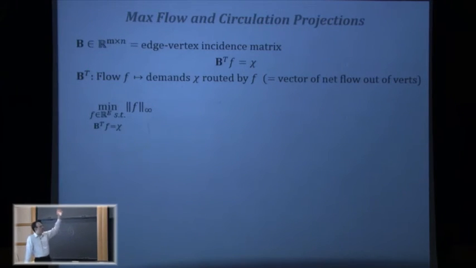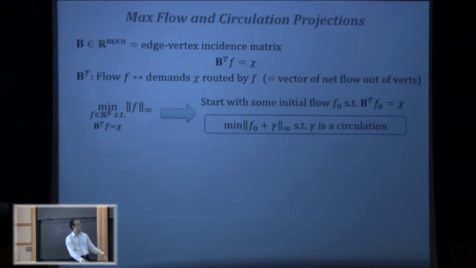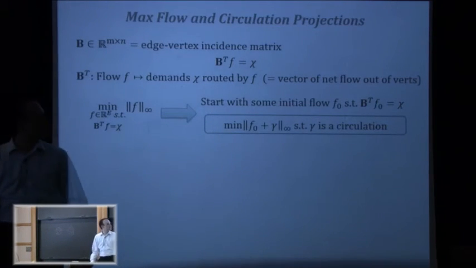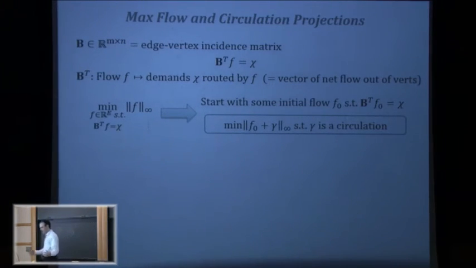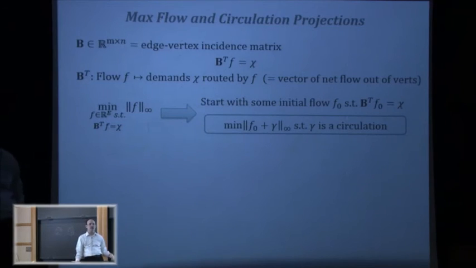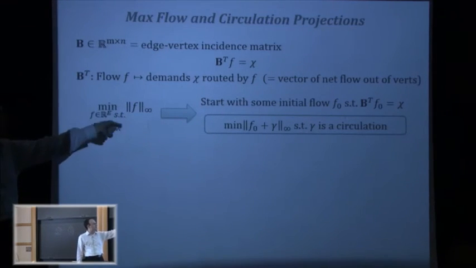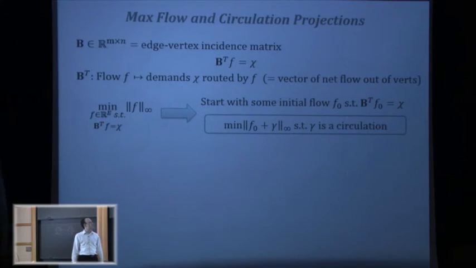So we can now write our problem as this: minimize over all flows that route the right demands, the infinity norm. I'm going a little slow, so I'm going to accelerate a bit. So this is an algorithm. The idea is if I start with any initial flow that routes the demands, which you'll find by something not too complicated because it's not supposed to be that great, then you're going to minimize the infinity norm of f0 plus gamma, where gamma is a circulation.